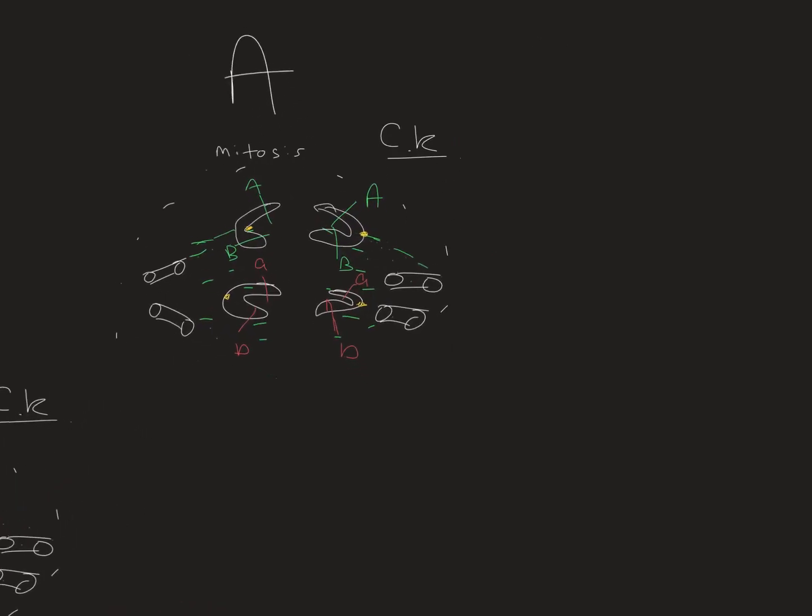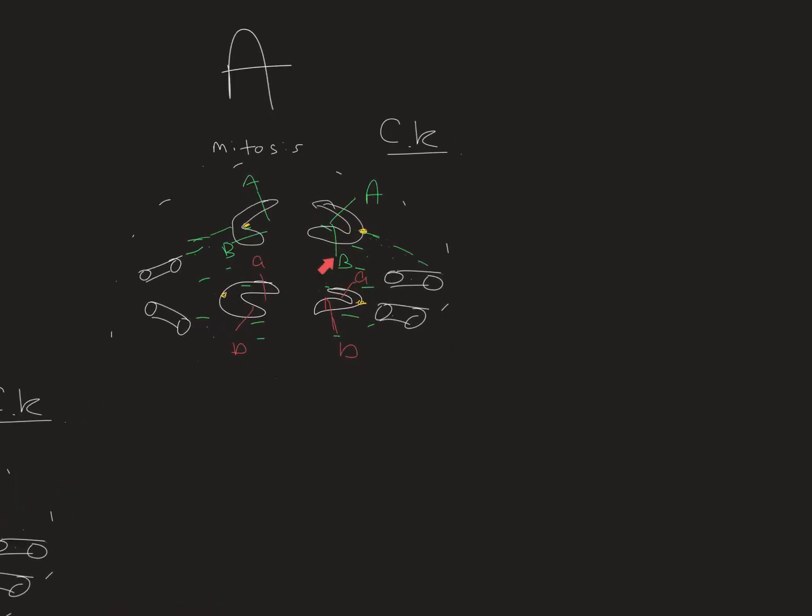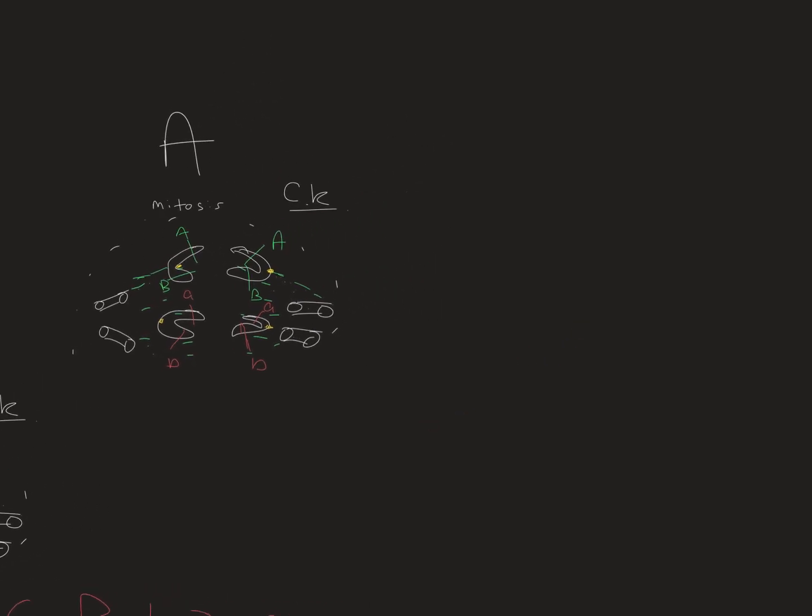So now in anaphase, you can see that not just are they separated in number of chromosomes, but they have the right combination of chromosomes on each side of the cell. This is happening in anaphase. So anaphase is when the chromosomes are separating.